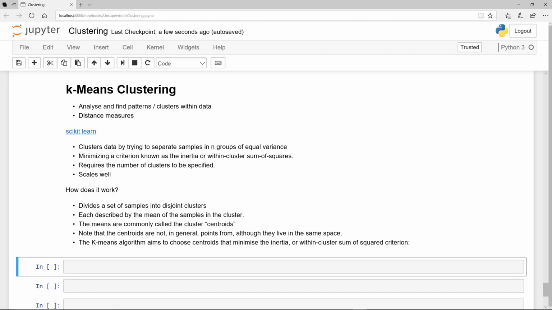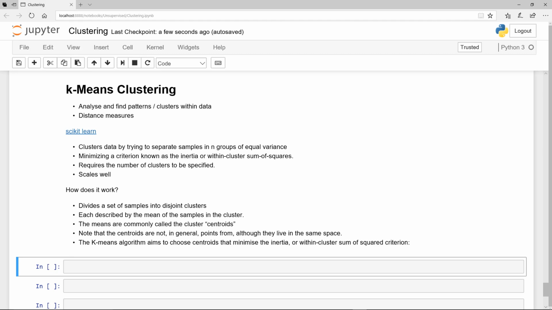So just to expand on how k-means clustering works, it divides a set of samples into disjoint clusters. And this is the part whereby beforehand you have to define or give it a specific number of clusters to work towards. Each of these clusters is described by the means of the samples in the cluster itself.